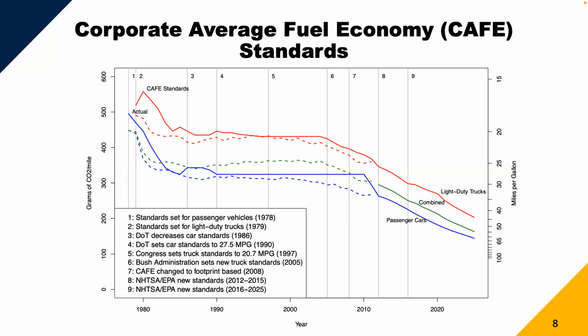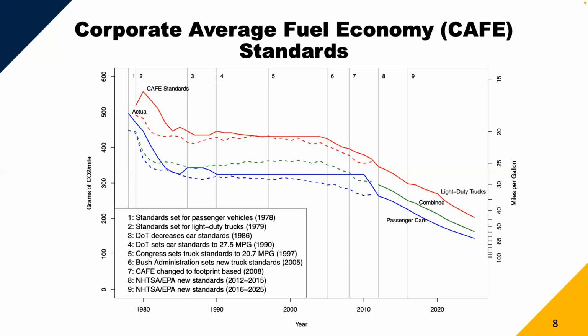Couple things to note. This is on an axis of grams of CO2 per mile, which is directly equivalent to miles per gallon. The MPG is actually what's regulated by NHTSA. But these are directly equivalent. You will notice, however, that the MPG is in a nonlinear scale.